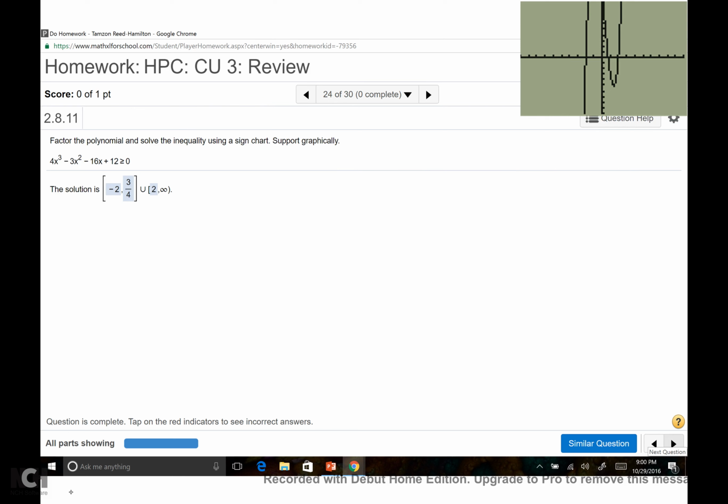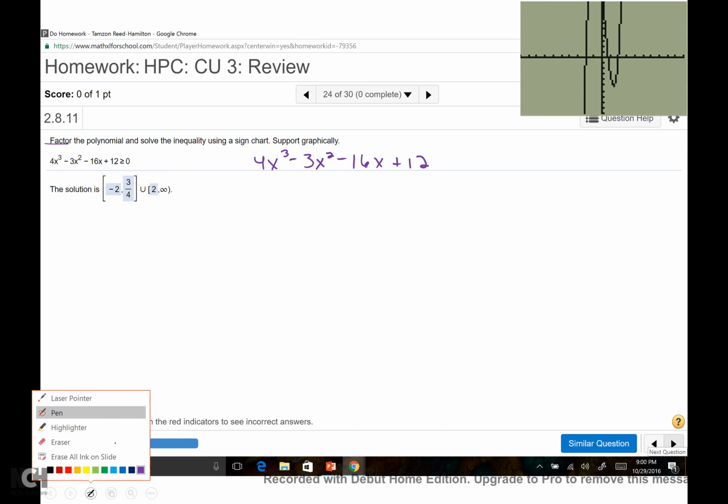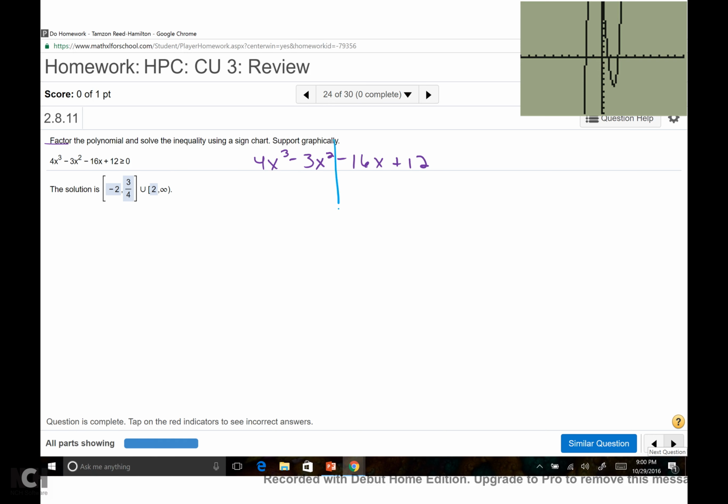Factor the polynomial and solve the inequality using a sign chart, support graphically. If it says factor, then it's supposedly factorable. So, when there's 4 terms, my technique is going to be 2 by 2, GCF, GCF, GCF again.